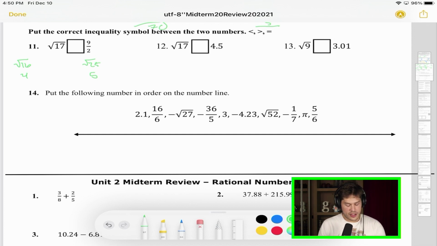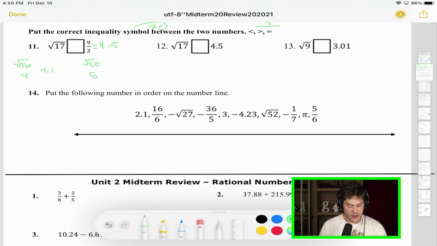So there's a distance of 9 between these two. So square root of 17 is going to be approximately 4.1. It's definitely 9 halves is 4.5, and it's definitely less than 4.5.